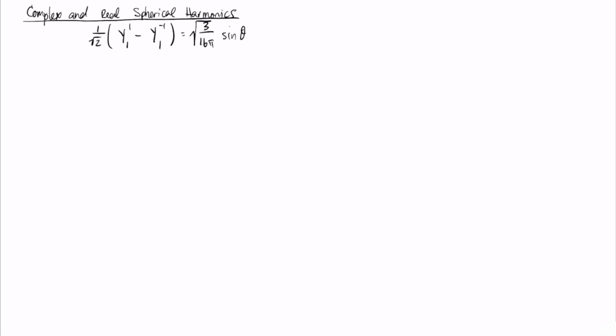Okay, remember they both have the same factor out front and they both have the same associated Legendre function, which is this sine theta. But where they differ is in the phase factor and in the sign convention. So when we put these together, we say these are equal to e to the i phi plus e to the minus i phi.